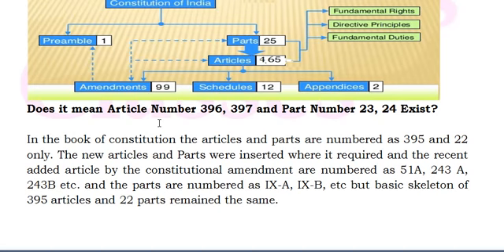What they did is they gave a number called 51A. That is how they accommodated it: with an extra alphabet, 51A, 51B. And in the Panchayat Raj system, articles were added as 243A, 243B, etc.